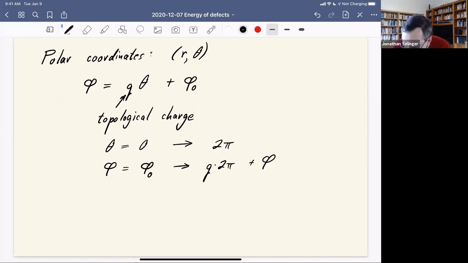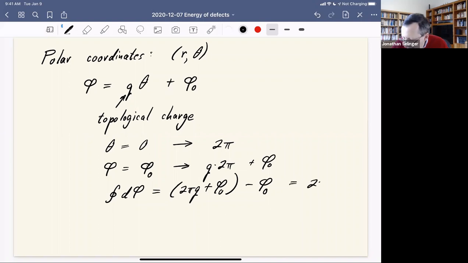So that means then that the integral around the circle d phi is equal to the ending value 2 pi q plus phi 0 minus phi 0. So that's 2 pi q. So that means then that the topological charge associated with the defect is q.